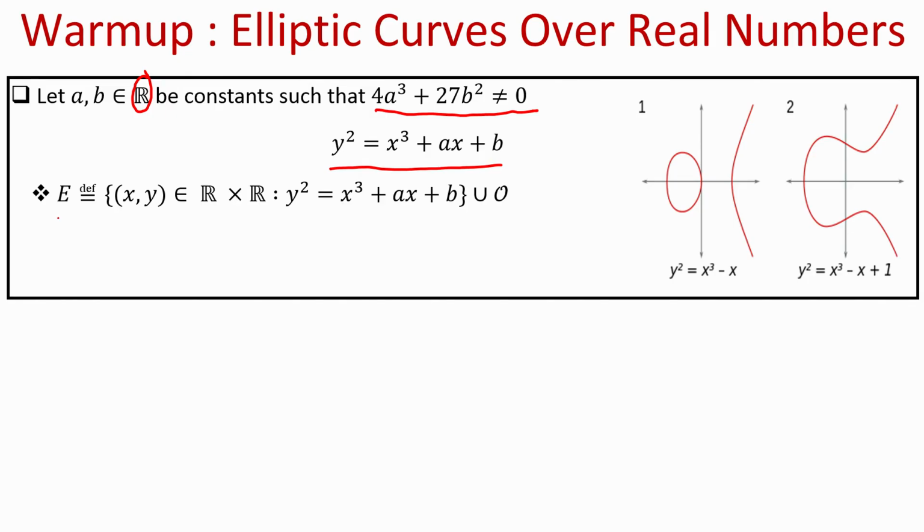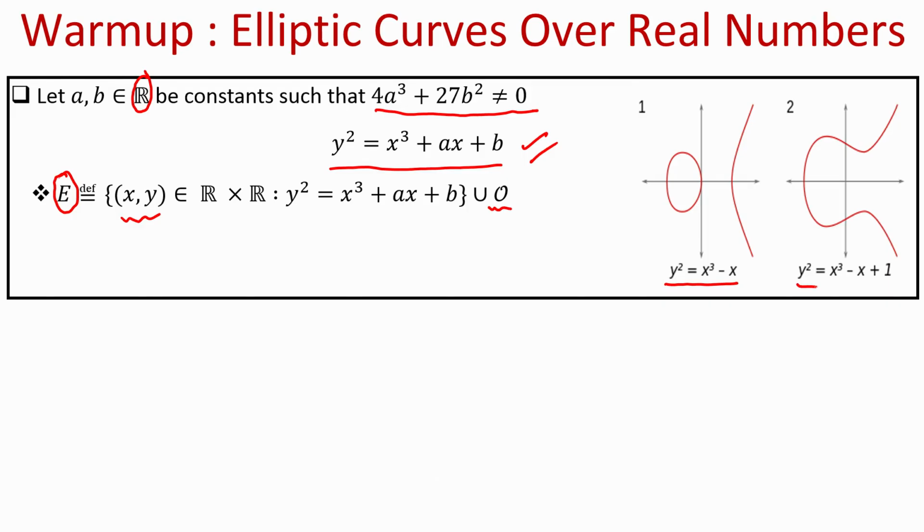If I plot the x comma y values, which are real numbers, satisfying this equation, and along with that I take a special point which I denote as O, then the resultant set I call E. For instance, if I take the curve y square equal to x cube minus x and plot all the real x comma y satisfying this equation, then I obtain this curve.